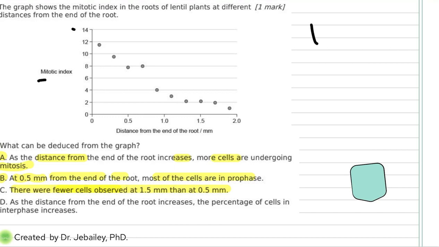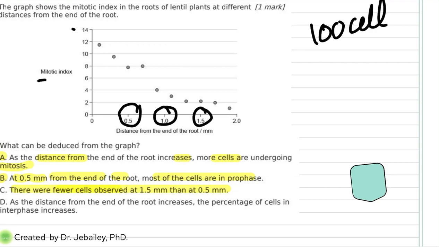If you look at 100 cells here, then over here you have to look at 100 cells, and 100 cells, and 100 cells, because it has to be controlled. Otherwise the graph does not make sense and it's not reliable.